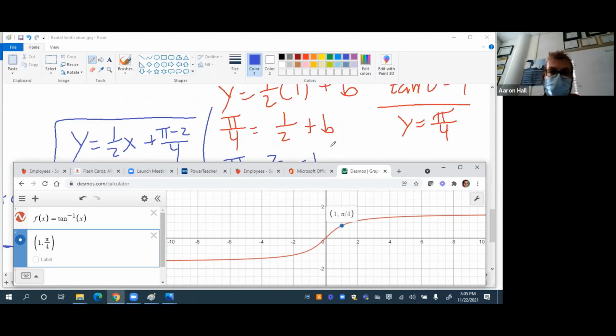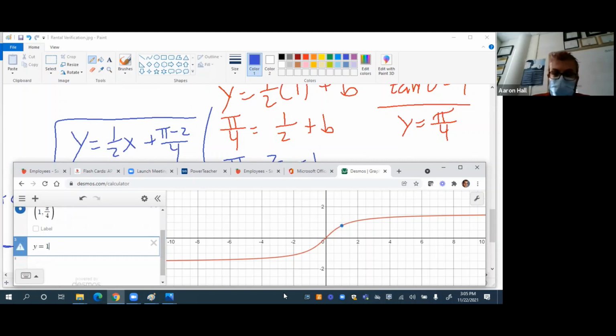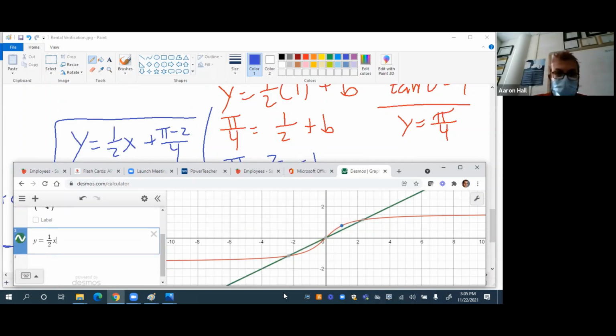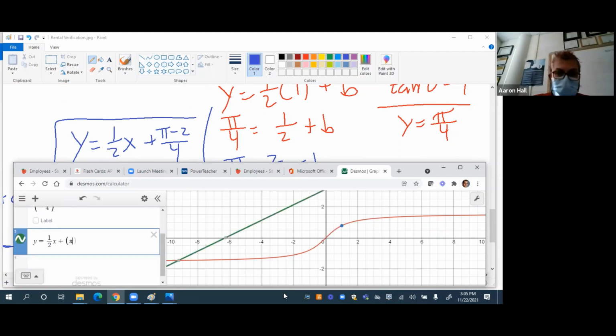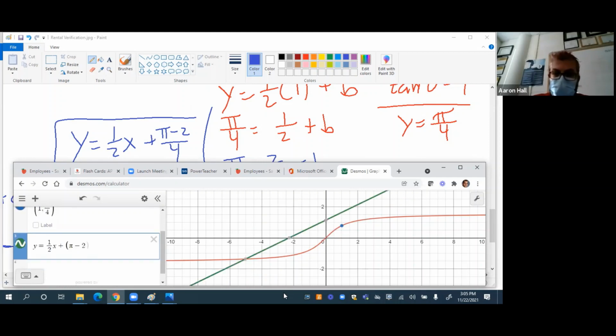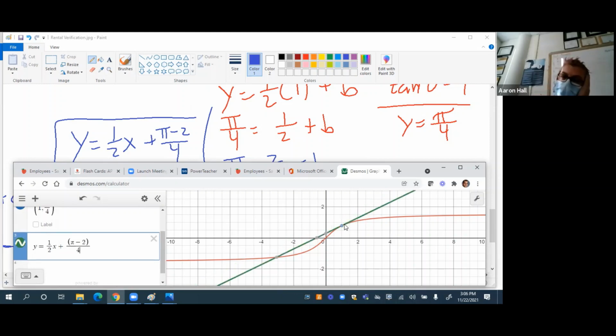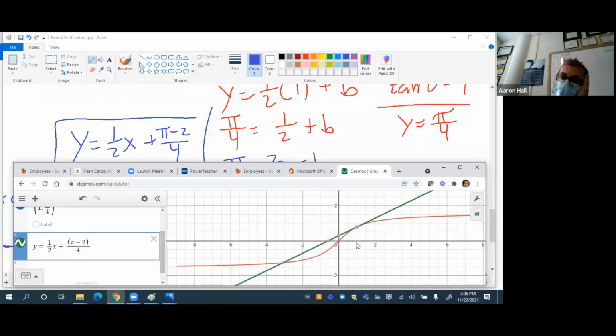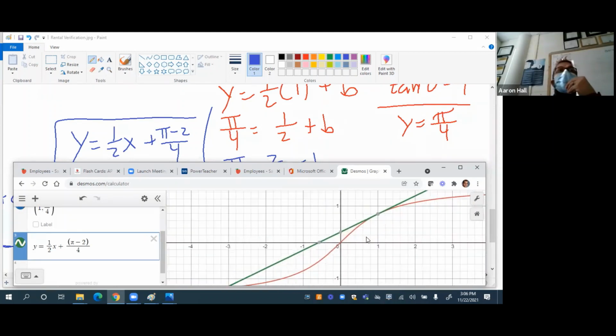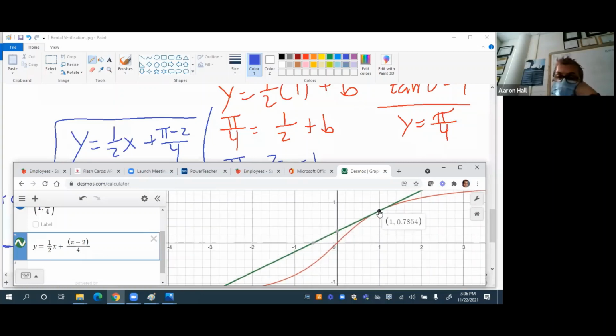Well, we calculated it to be y equals 1/2 x plus, in parentheses, pi minus 2 divided by 4. How did we do? How do you guys feel we did? Pretty good? Okay.